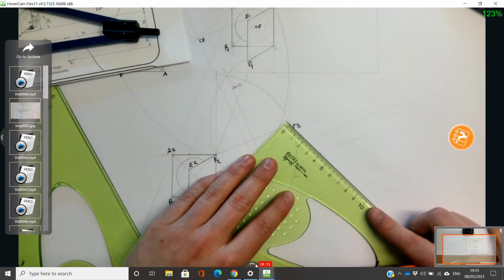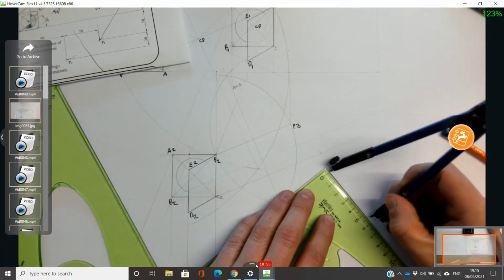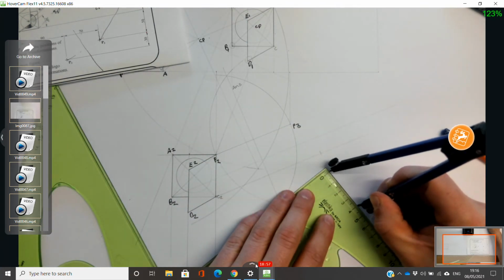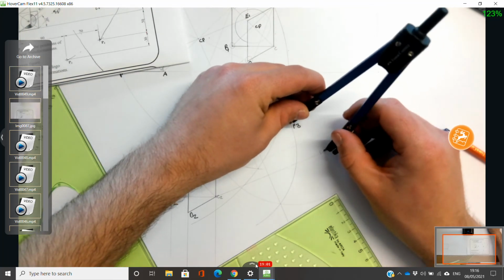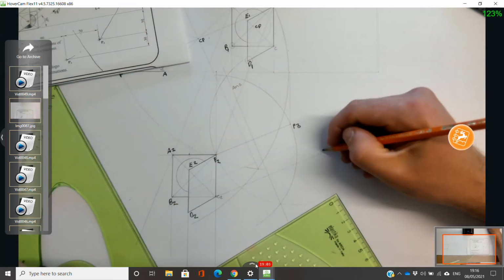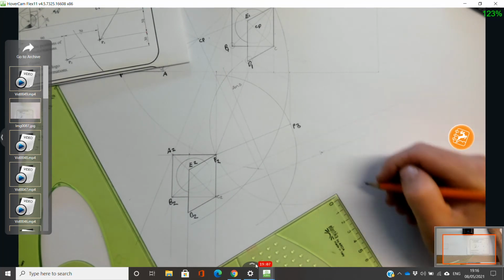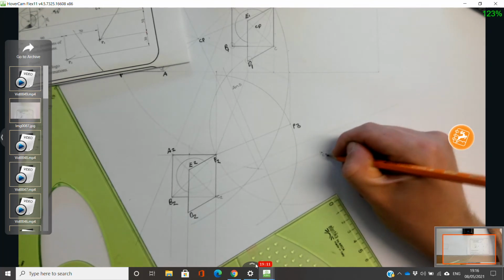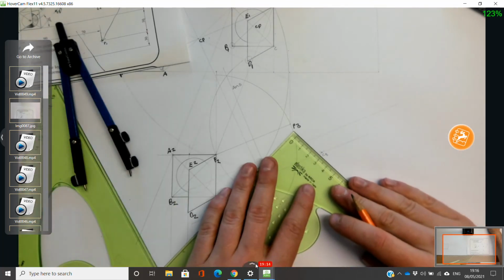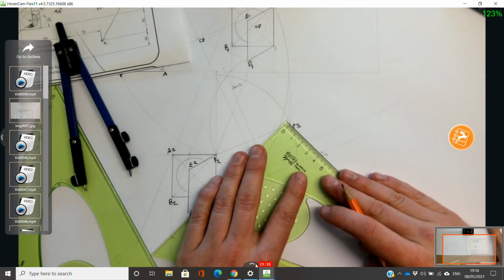Now what I would genuinely do is set your compass to 40, swing an arc of 40 from P3 until it hits that line there, and you can see the ways they're slightly off. That's okay, that's where you should mark C3, because you want to maintain the original properties of the image. That's really what you want to maintain.